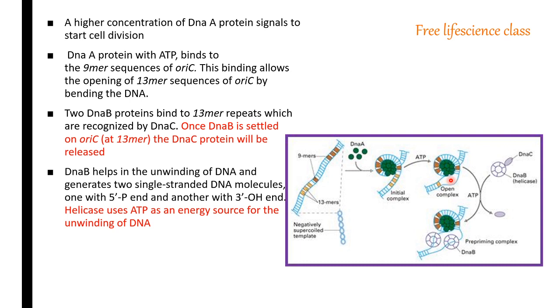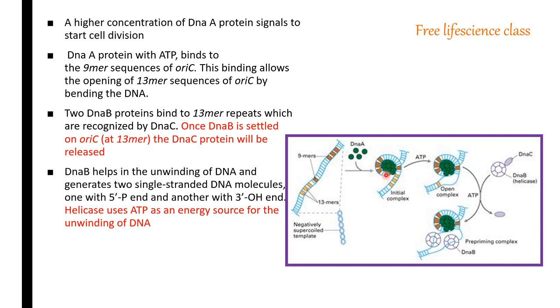It is an open complex, that is, opening of the 13-mer region takes place. We already studied that AT base pairs are weaker than GC base pairs, so the hydrogen bonds between AT sequences are much easier to break. We already said that the 13-mer region is rich in AT sequence, so it is easy to open this region.